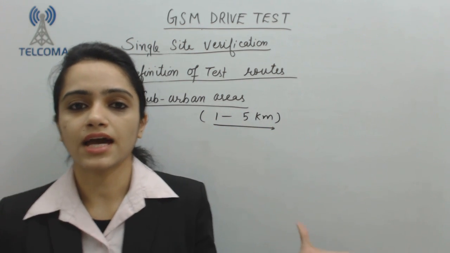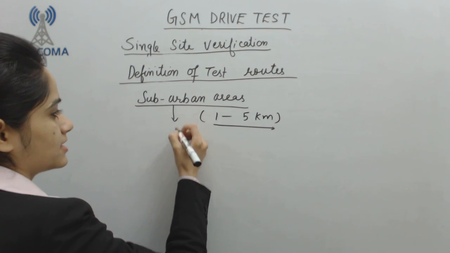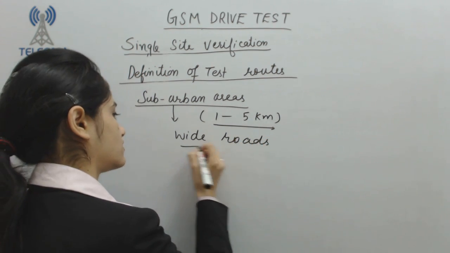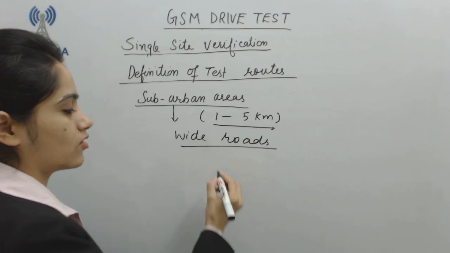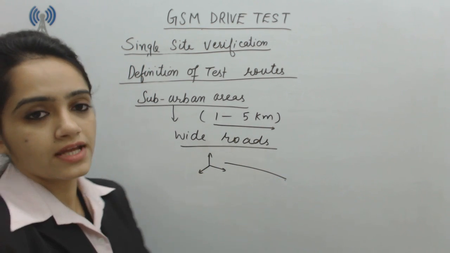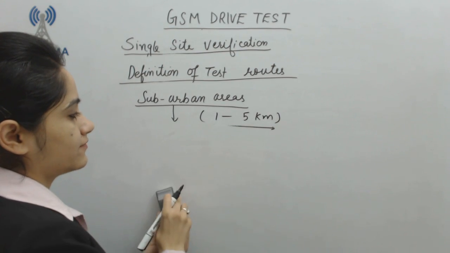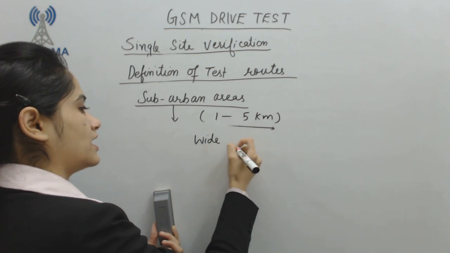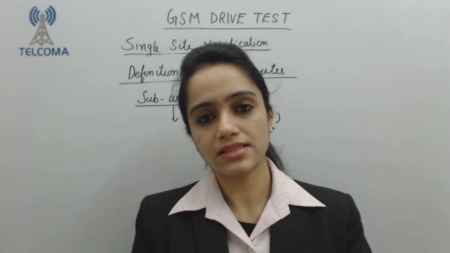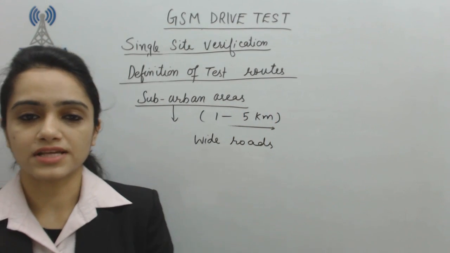So that means in suburban areas I have wide roads. Against the methodology that from sites we have to cover each and every area, the distance matters and the road size varies. We have wide roads in suburban areas, while in large cities I have compact streets and compact roads. So this is about the definition of test route.